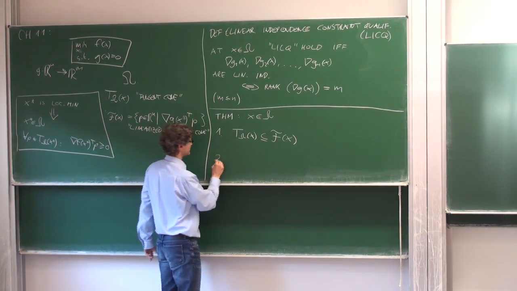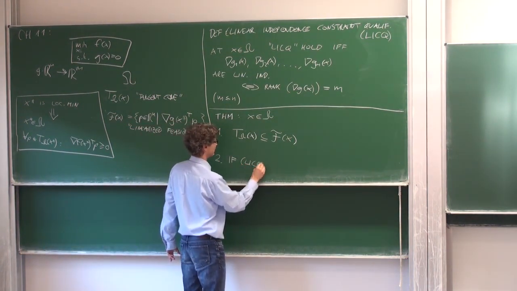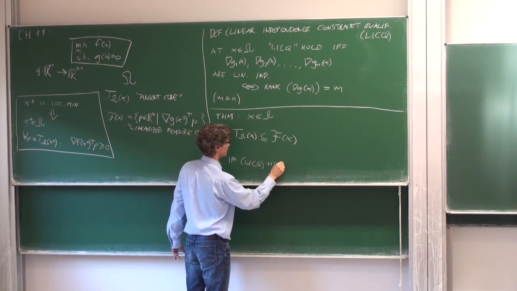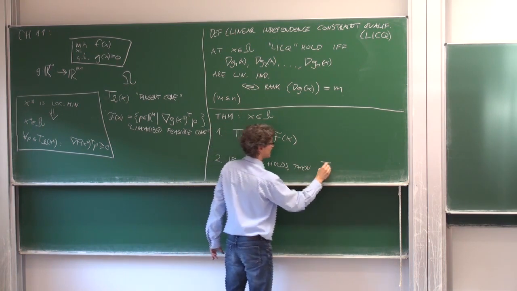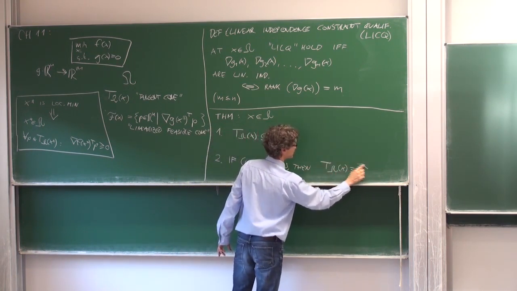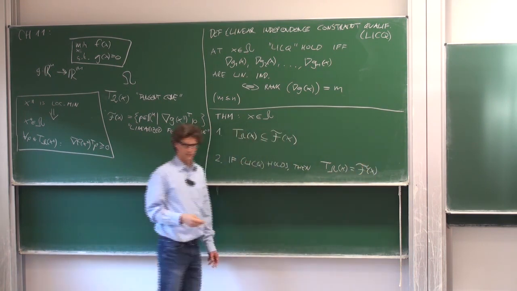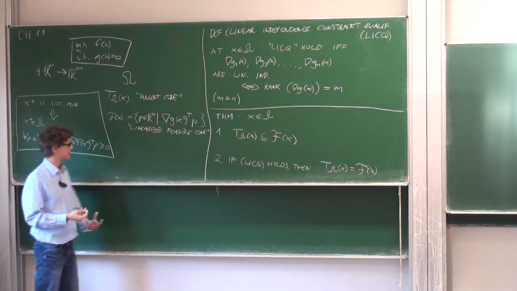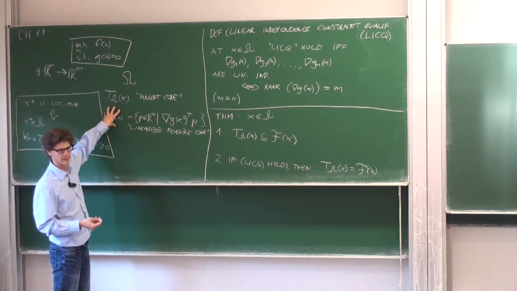But the second condition says if LICQ holds, then the two sets are equal. So then we are in a nice situation, because then we have an easy way to write down what this tangent cone is.